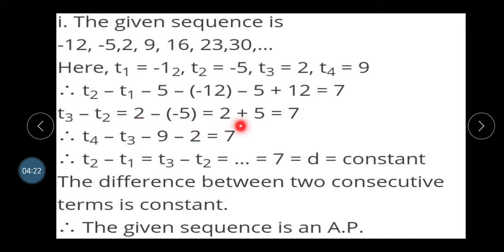Minus minus will become plus. So 2 plus 5 equal to 7. T4 minus T3 equal to 9 minus 2. That we will get 7. As T2 minus T1 is equal to T3 minus T2 equal to 7, D is constant. The difference between two consecutive terms is constant. The given sequence is an AP.